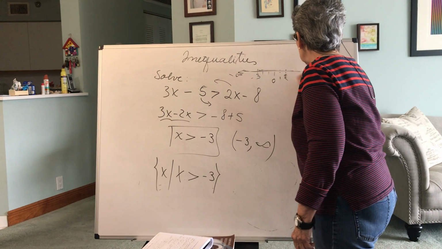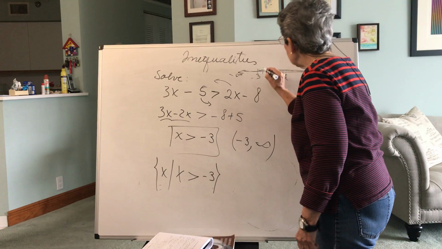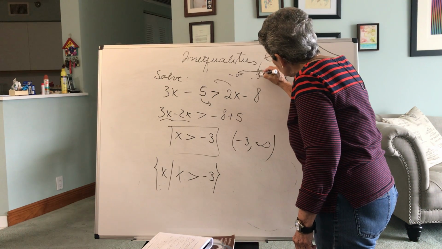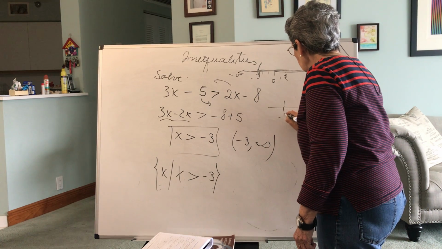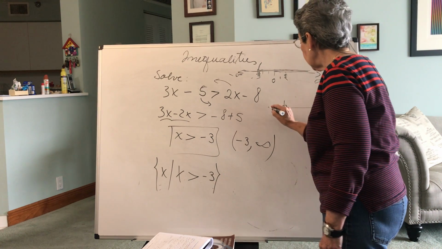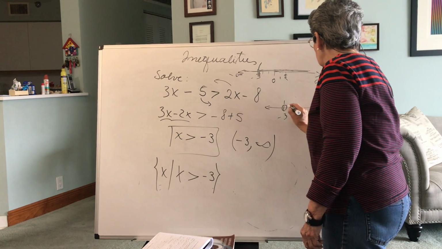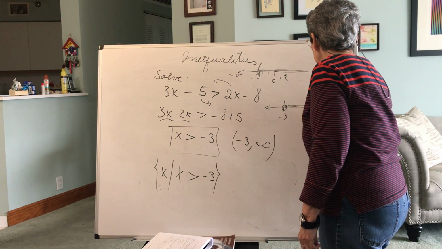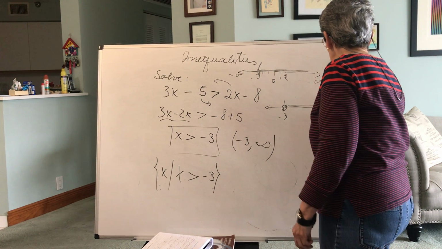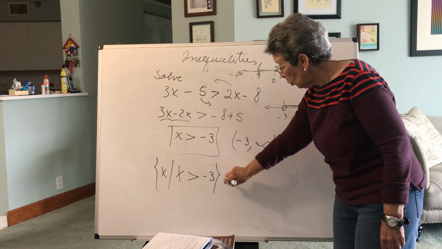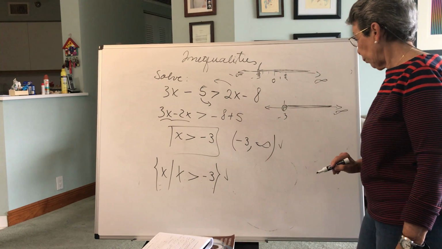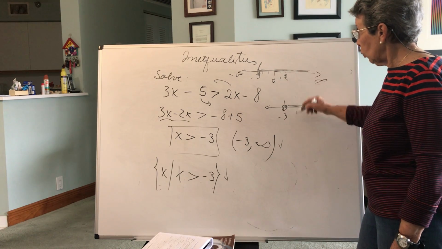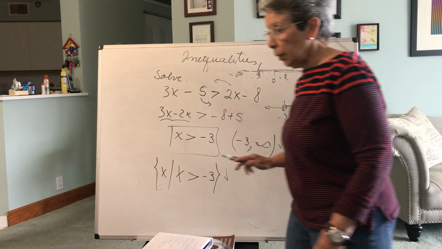If negative 3 is not included, you can represent that with a parenthesis, or with an open circle, and shade all the numbers to the right of negative 3. So you have the solution in set notation, the interval solution, and you graph the solution over here.